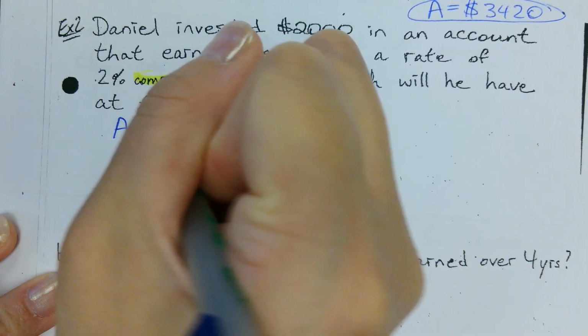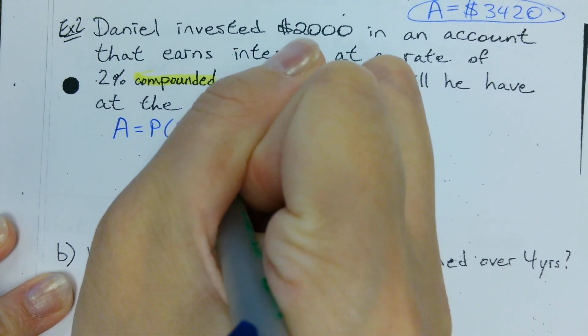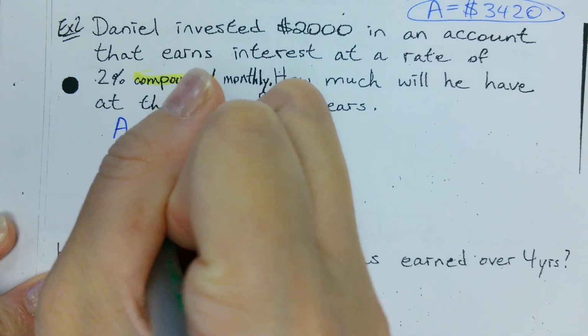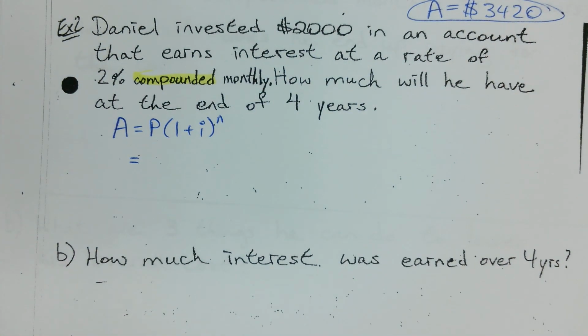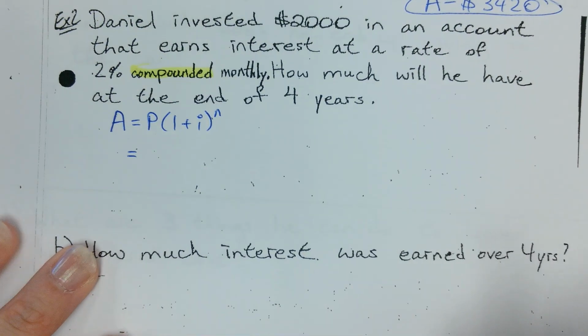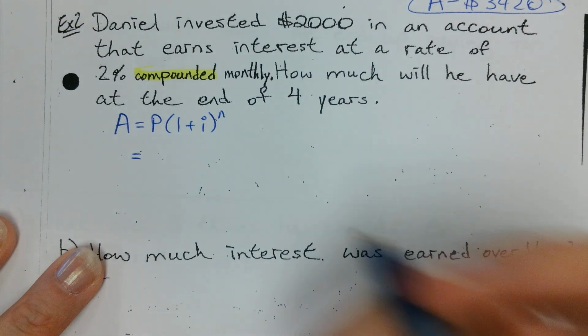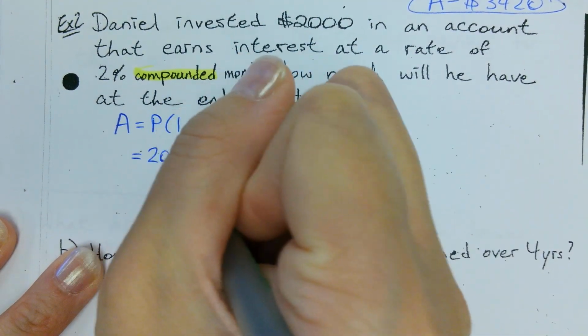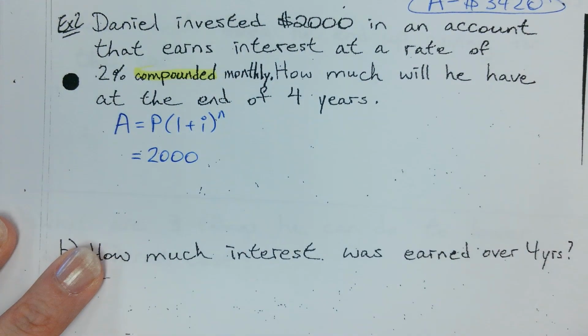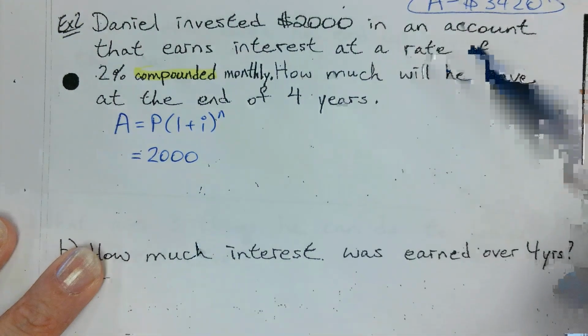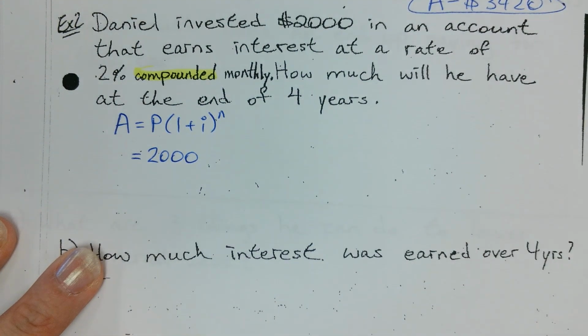So A equals P times (1 plus i) to the power of n. What's my principal amount? 2,000. Again, principal doesn't mean Mr. Papooses. It means the original amount, how much you invest, not principal.